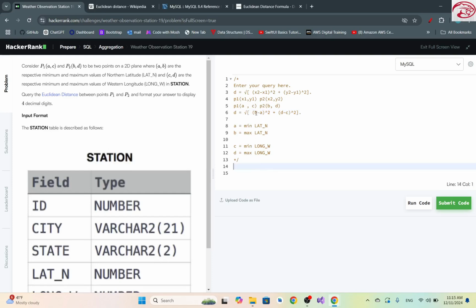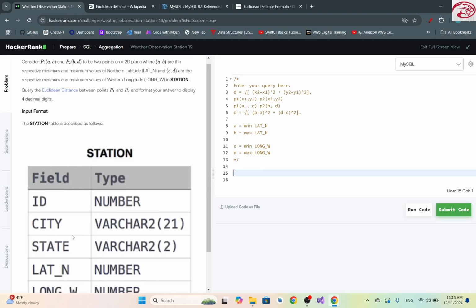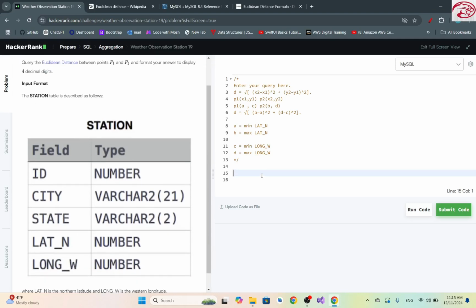So first we are going to find B minus A. B is the maximum of latitude. For MySQL, we can use the max and min functions to get the maximum value and minimum value of a column.